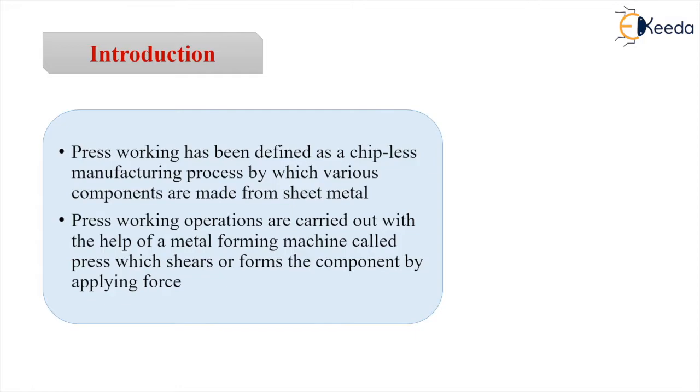So in sheet metal operation, the stresses induced are greater than the ultimate strength of the material. That's why shearing is very important here. Understood? So the force we are applying here is to shear the material, or induce stresses beyond the ultimate shear strength of the material.